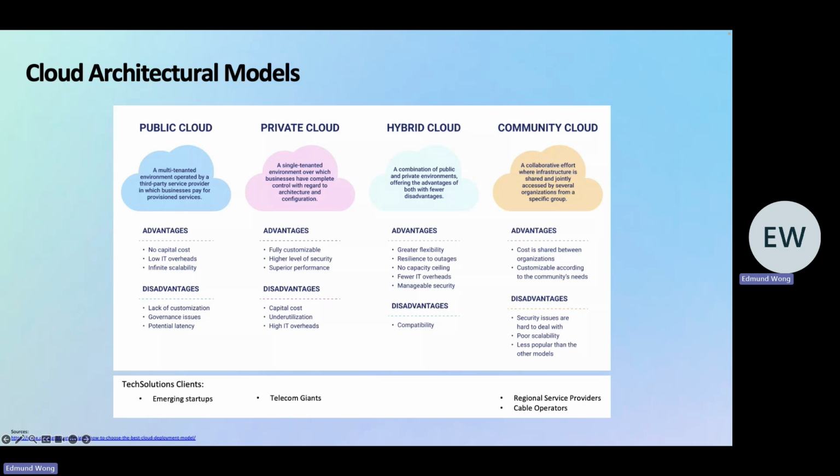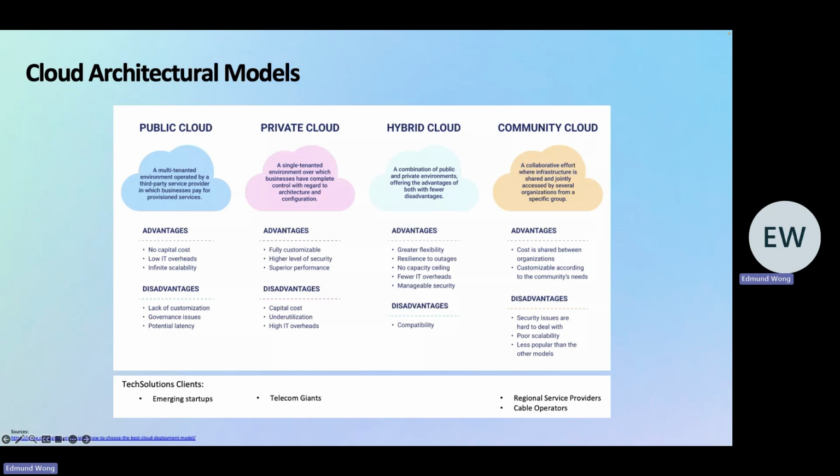So in here, it's a shared cost, and the customization is really within that community needs, and not individual organization needs. The disadvantage is security issues. If anything happens, all across all will be affected. There's poor scalability, and it's less popular than the other models as well.